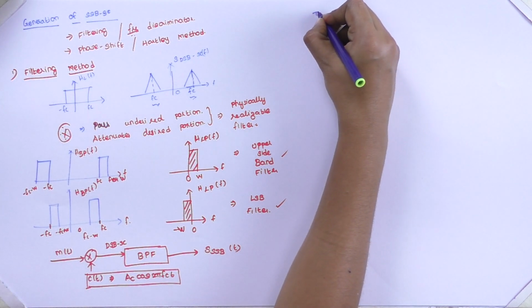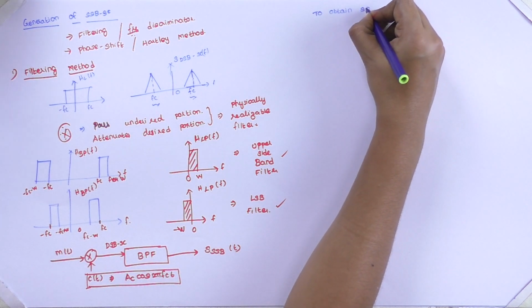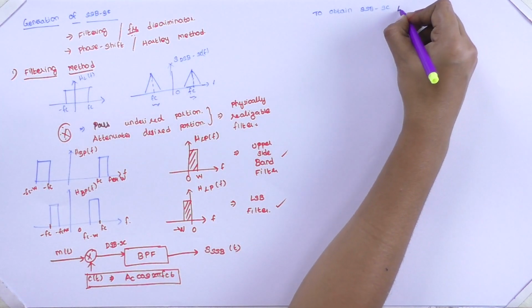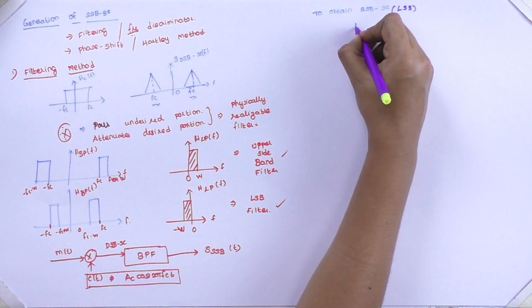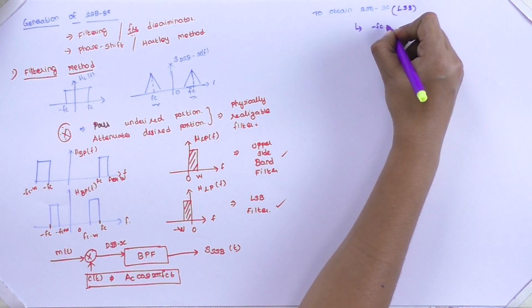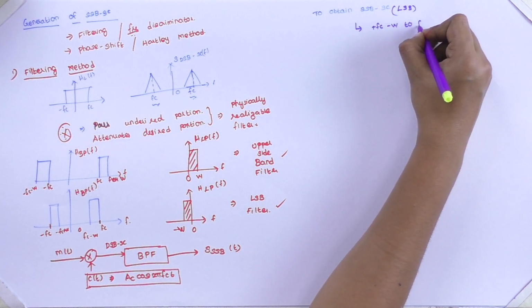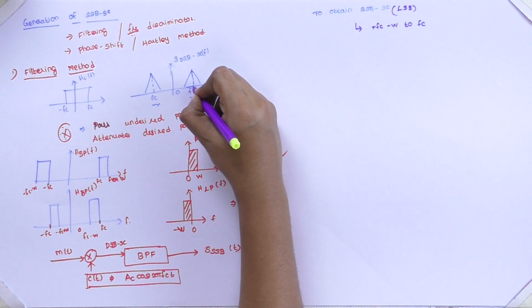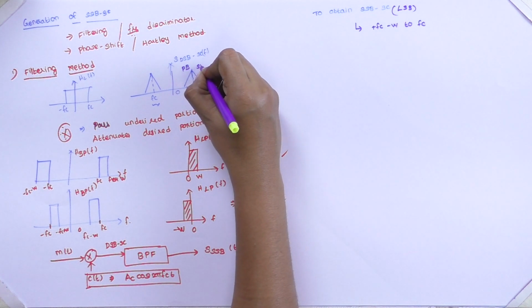Now to obtain single sideband SC, lower sideband, the filter must extend from minus FC plus W, FC minus W to FC and then suddenly change over to the stop band. So this is our pass band and this is our stop band.